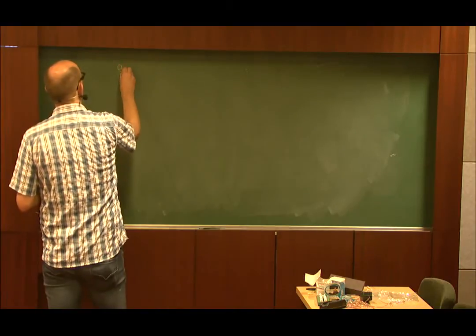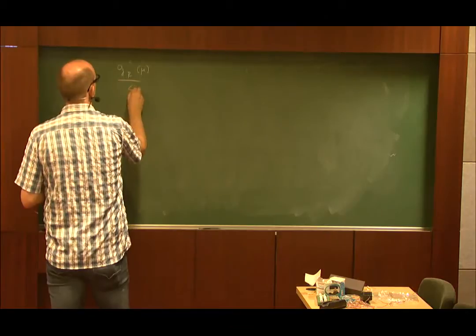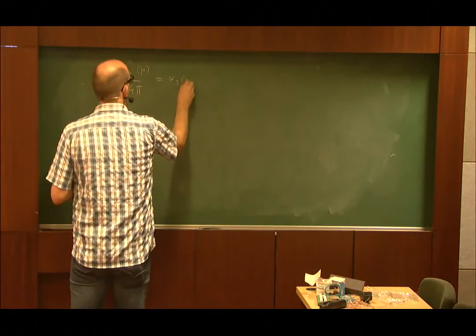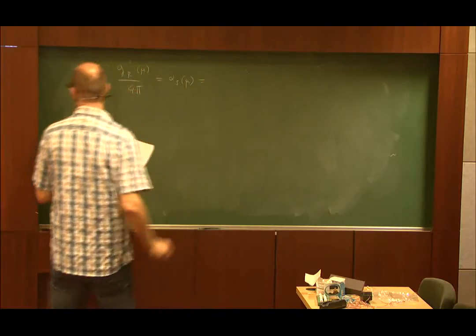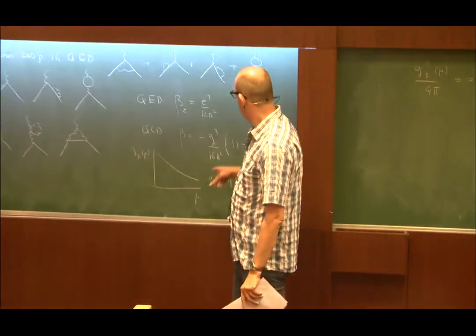So g squared, which I merely divide by 4 pi, is alpha S of mu, and the solution to mu d/d mu of g equals this.